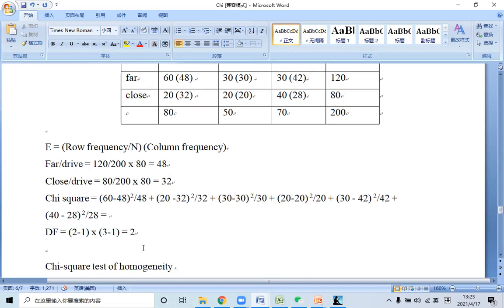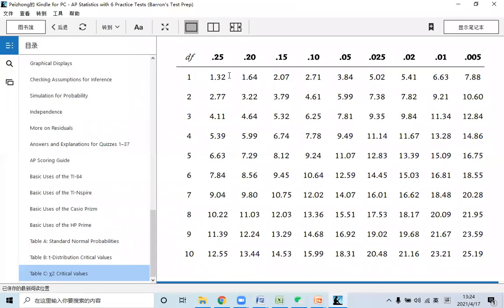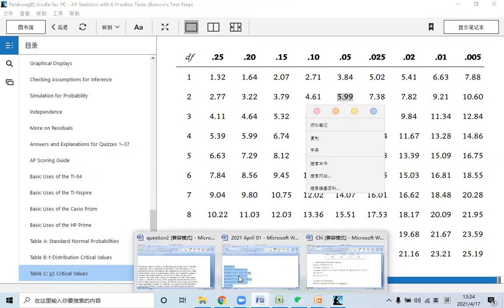The total degrees of freedom is 2. So let's see, we figured this out before. 2 degrees of freedom at the 0.05 level of significance would have a cutoff of 5.99.